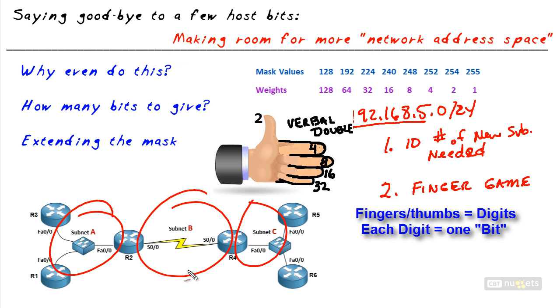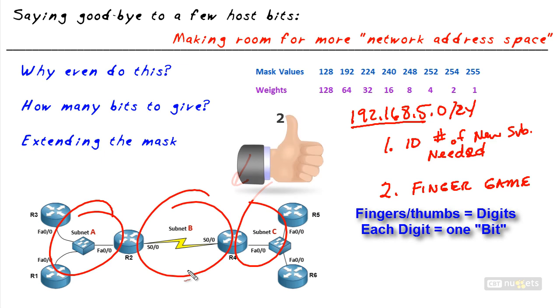Just as a review, let's do the thumb game once again, and make sure we identify how many bits it takes to create up to 3 subnets. We play the finger game by making a fist. We put our thumb in the air. There's a 2 on our thumb. 2 is not enough.